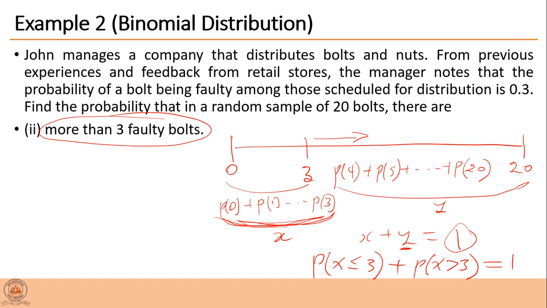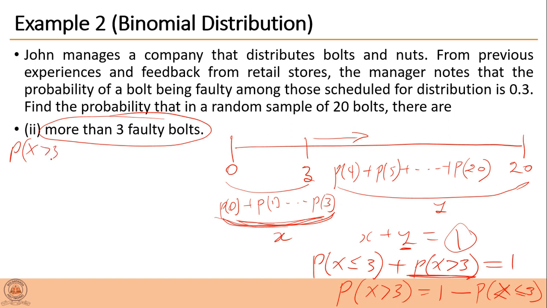Now, what I am looking for is the probability of x greater than 3. So let's let that stand alone: the probability of x greater than 3 equals 1 minus the probability of x less than or equal to 3. Basically, this is what we are going to use to solve this question.